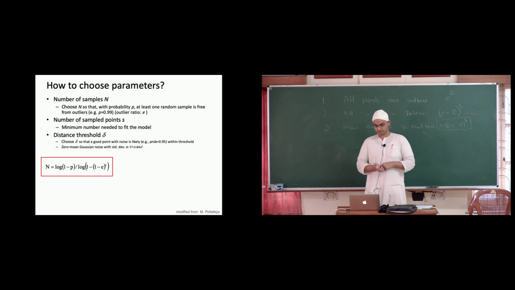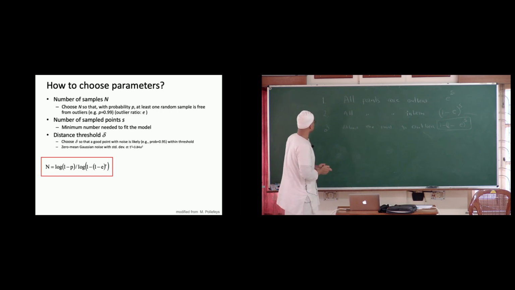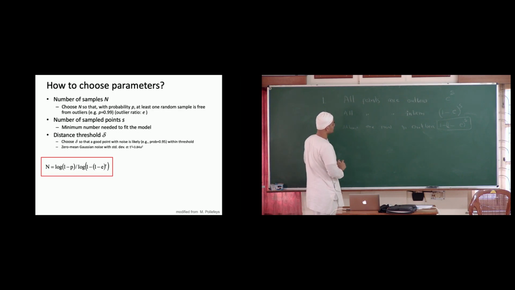Next thought. Next, at least one point is an outlier. This, so at least, 1 minus, power n.